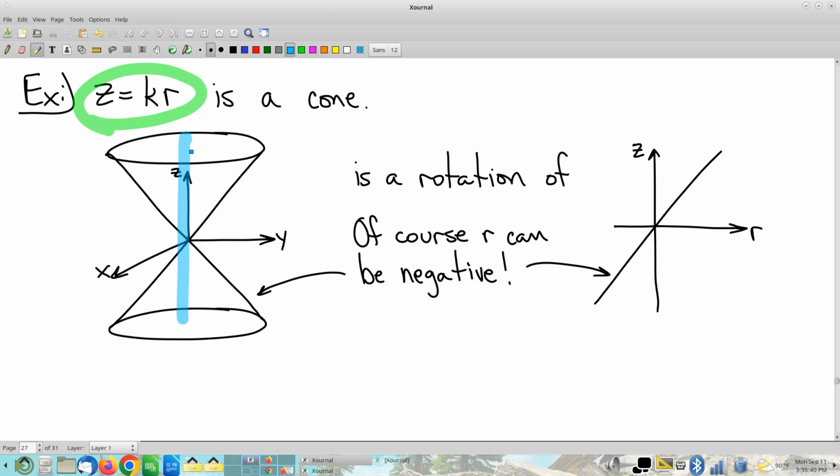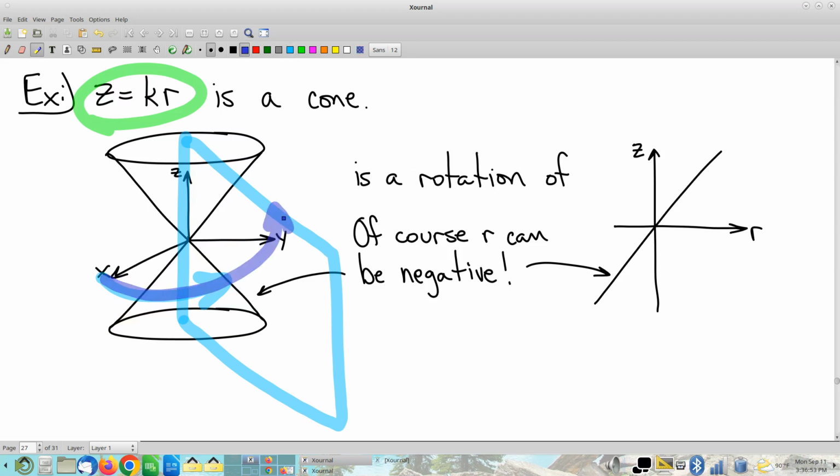So in this theta slice, representing a value of theta, you're going to have some cross section. And likewise, if you were to take a different value of theta, a different theta slice, you're going to get the exact same cross section because theta doesn't show up in the equation at all.